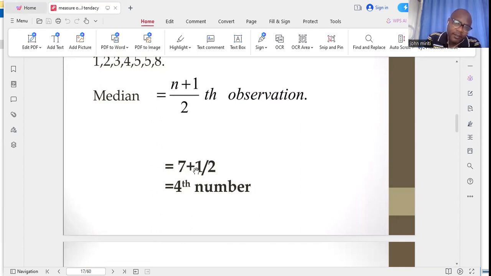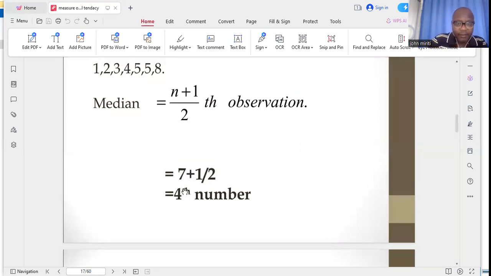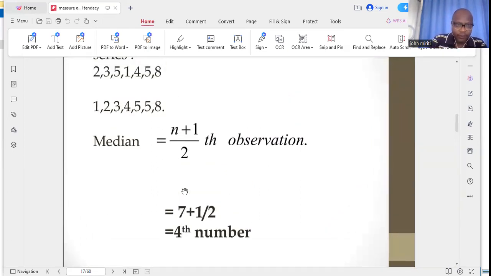Looking at our data again, our fourth number is 1, 2, 3, 4. So our median is around this fourth number. You can see 1, 2, 3 on this side, and 1, 2, 3 on this side. So this is our median.